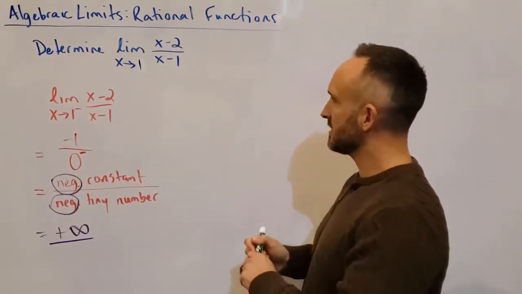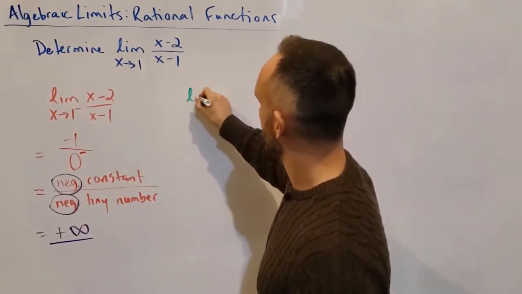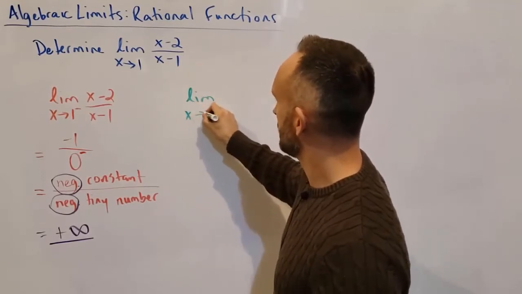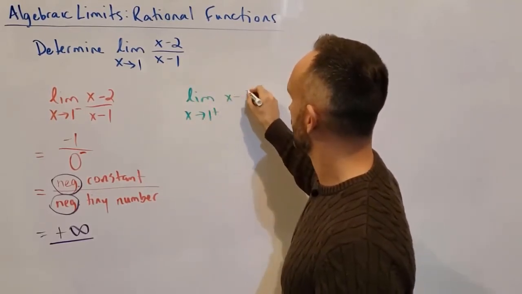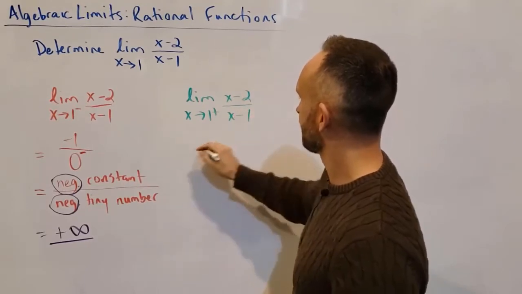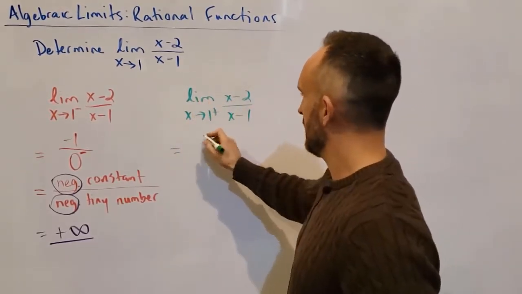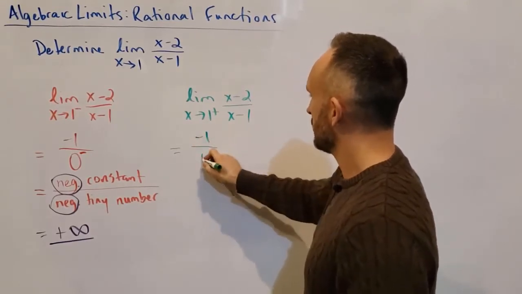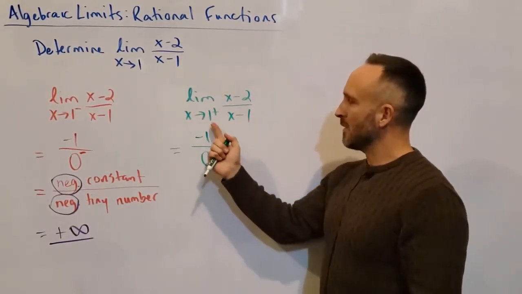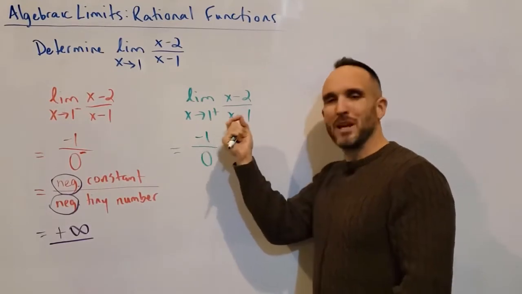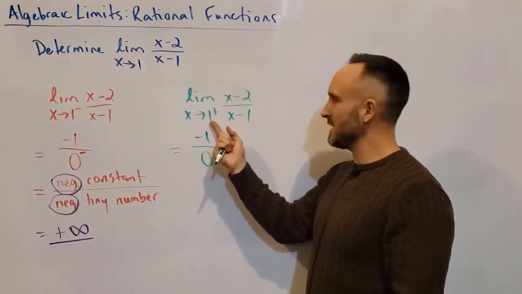Let's look at the right-sided limit. Just to explore this concept one more time, as we approach 1, the top still goes to -1, and the bottom still goes to 0. But now we're looking at numbers a little bigger than 1, like 1.01.